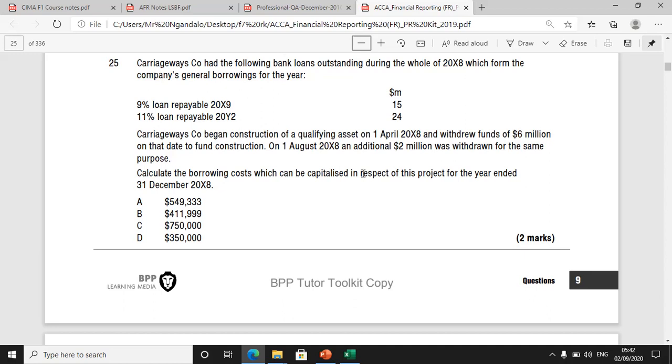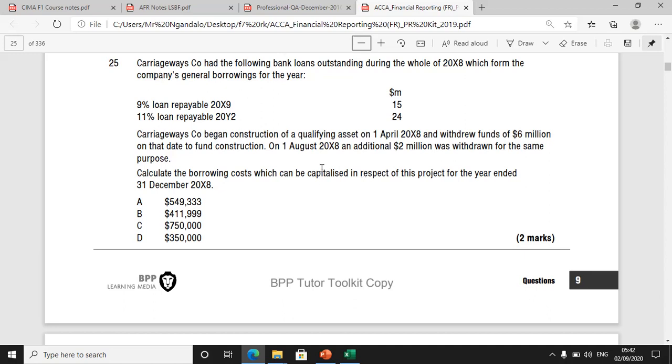On 1st August 20X8, in addition, 2 million was withdrawn for the same purpose. Calculate the borrowing costs that can be capitalized in respect of this project for the year ended 31st December 20X8.